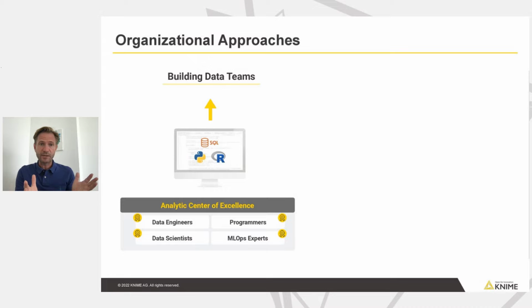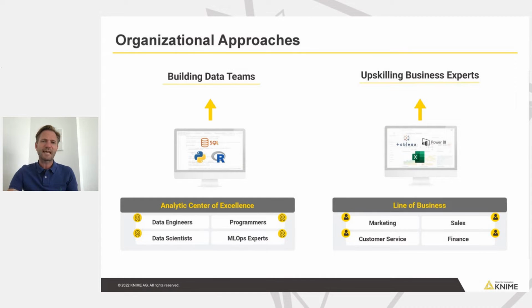This is obviously not the approach that Selman did with his team, but also the second approach, the upskilling of business experts, where you have in the line of business, in this case, marketing, but it can obviously also be other teams or lines of business.